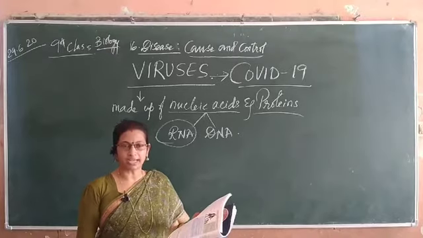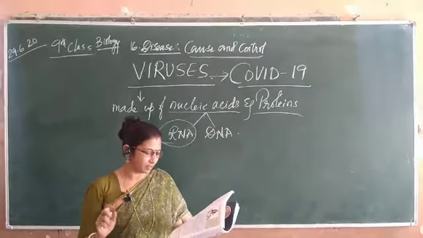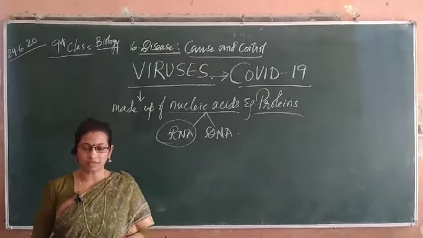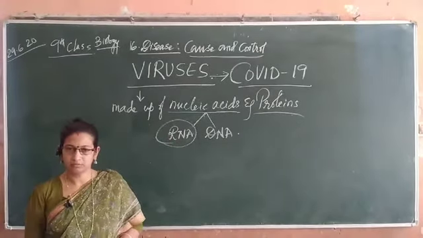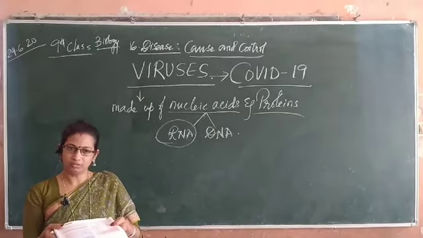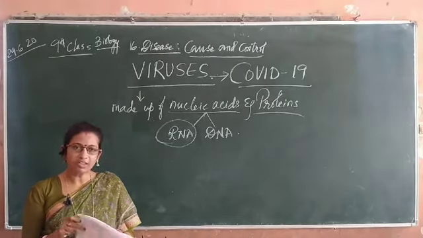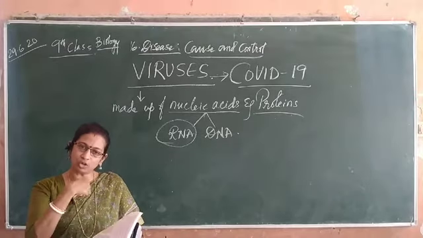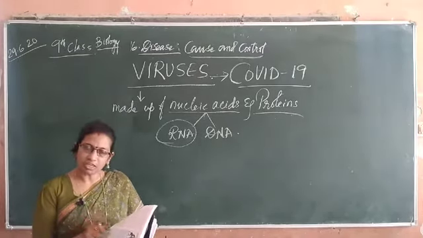They start multiplying. So this is also a living characteristic. Non-living characteristic: they do not multiply by themselves. If the coronavirus is on this table, in your book, or on this paper, it will never multiply until and unless it enters into your body.